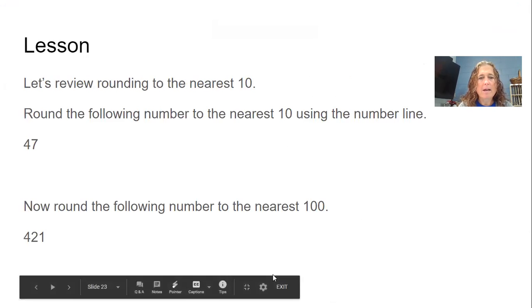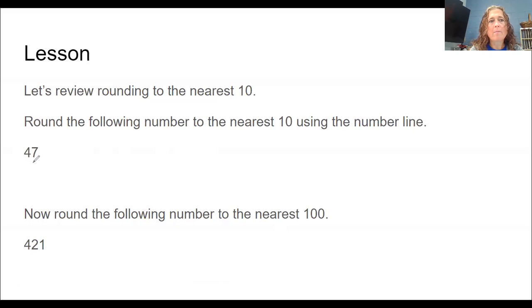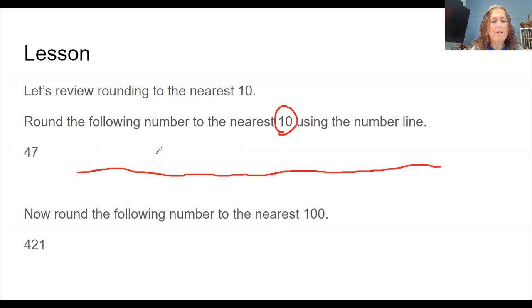All right, so let me grab my pen so I can review this with you. We are going to be using our number line to round the number 47 to the nearest 10. So let me draw my number line. I first want to make sure that I place my benchmark numbers.